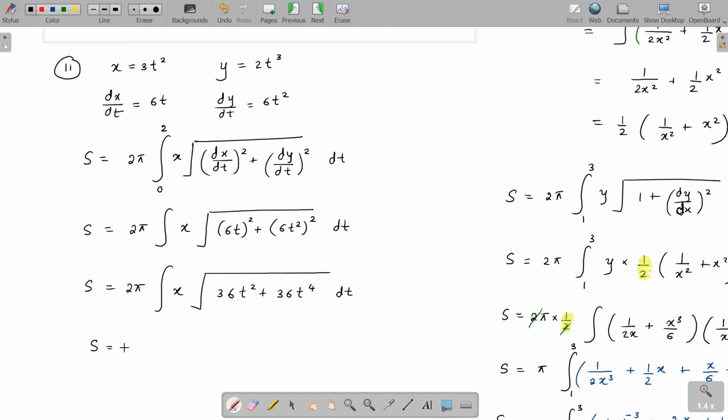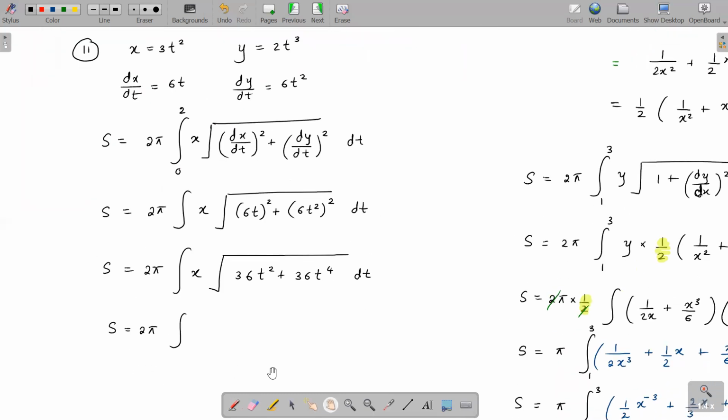We need to replace x, right? Everything should be with respect to t. So x is 3t square. And from the root, I can take 36t square out and I get 1 plus t square. Do you agree with me?